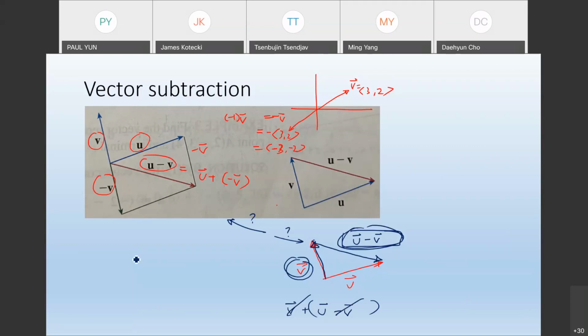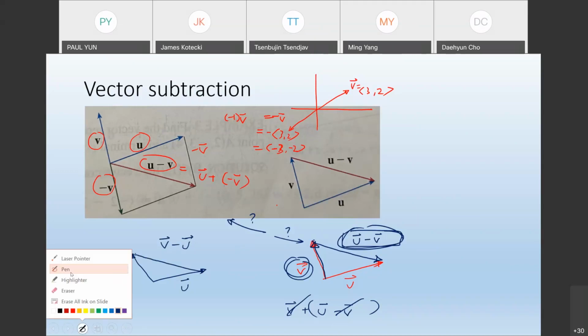Let's say this: u and v. How about v minus u? All right, can you draw v minus u? Don't look at this. Connecting terminal points, which way? Is it going up or going down?